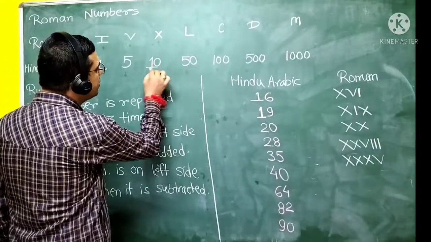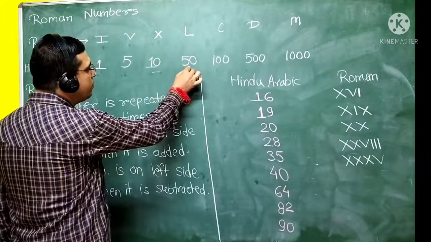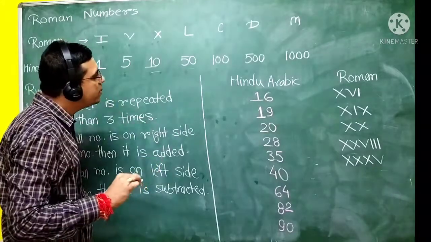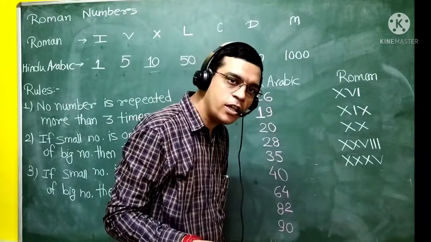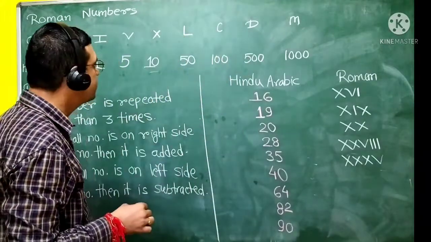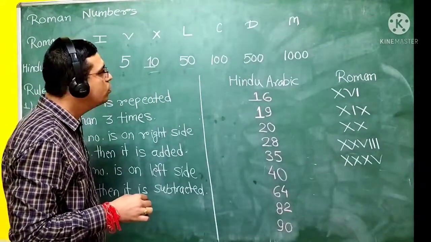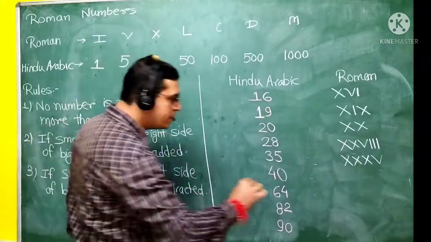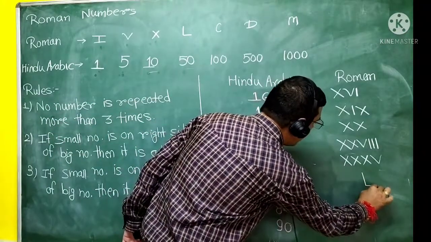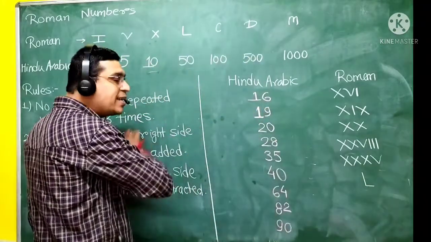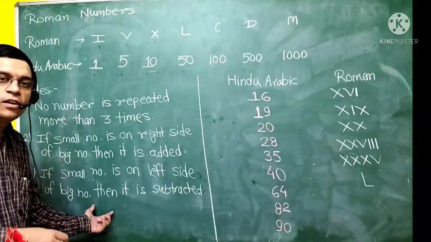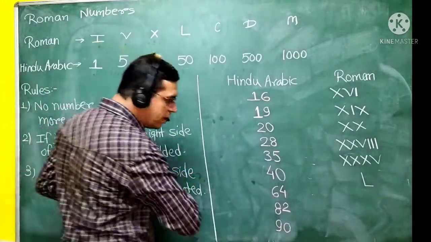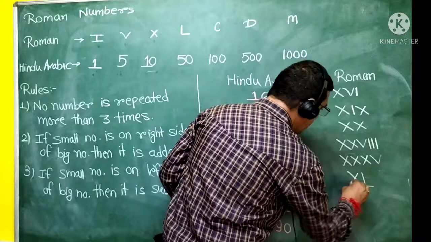This is 50, this is 10. What is 50 minus 10? 40. So subtract 10 from 50. First, suppose this is 50 and I have to subtract 10. Rule of subtraction: if we have to subtract, we write it on the left side. So that will be XL.